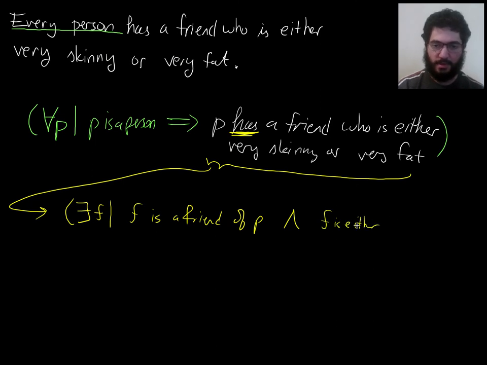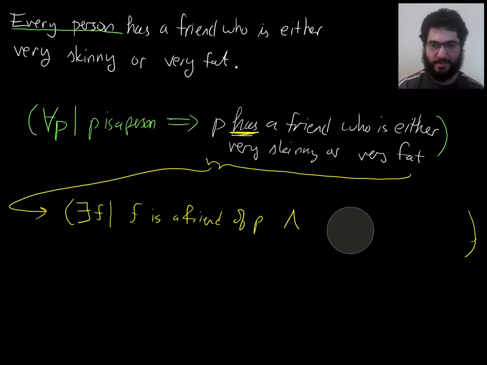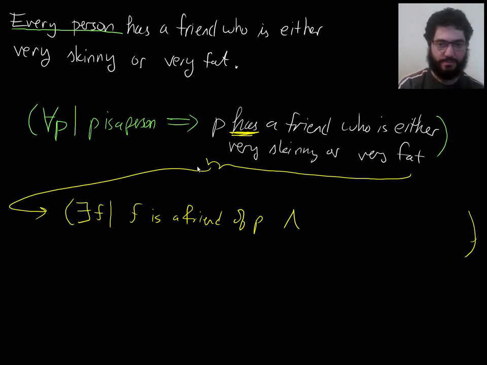Maybe I could write that in English to start with. F is either very skinny or very fat. But then I might notice the or and then just replace that. Make a replacement there. Or F is very fat.